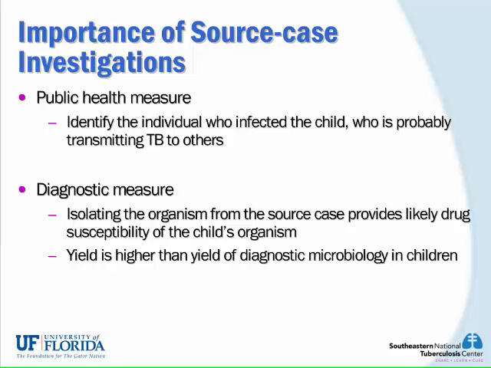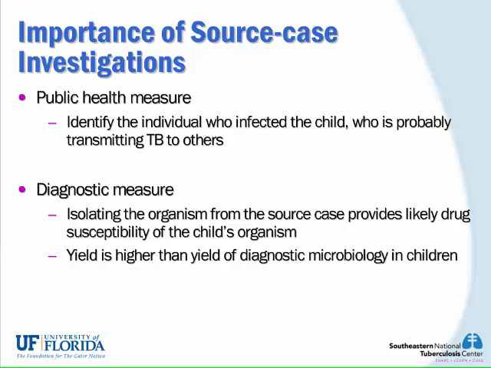For public health, we try to identify individuals that infected the child, but that, understandably, are also transmitting TB to others. So it's an infectious person that doesn't know the diagnosis and is spreading it.